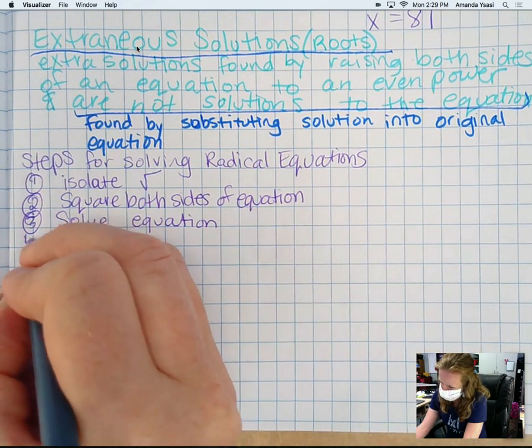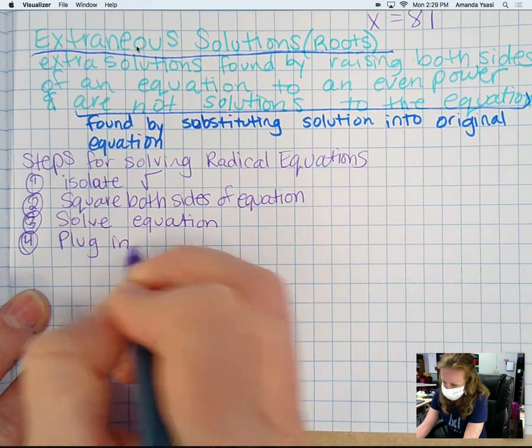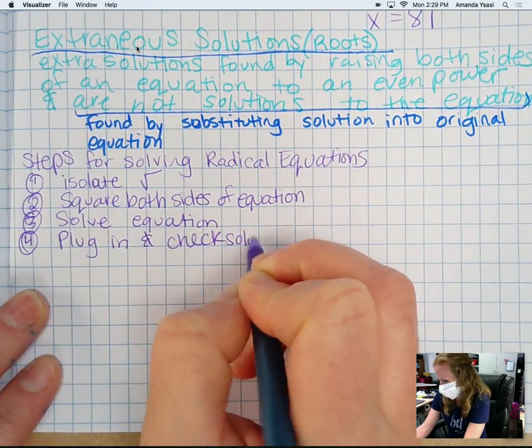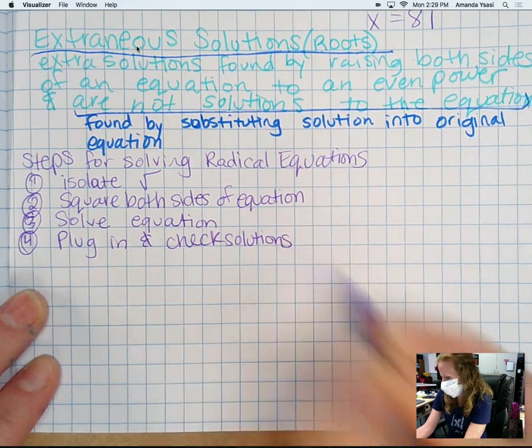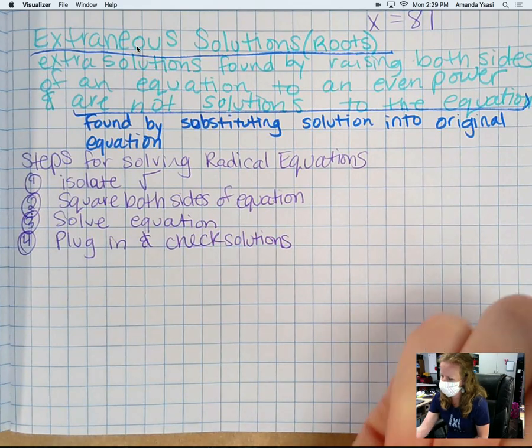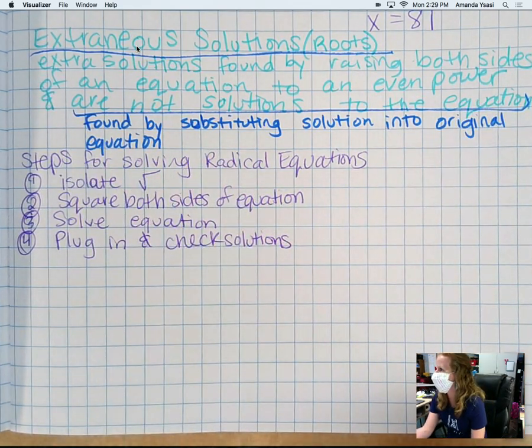And then step four, we have to plug in and check solutions, because there could be some extraneous solutions. And they're made by us squaring both sides or raising to a power.